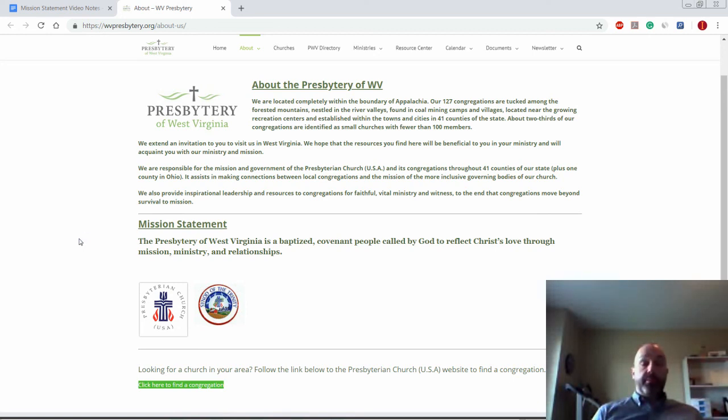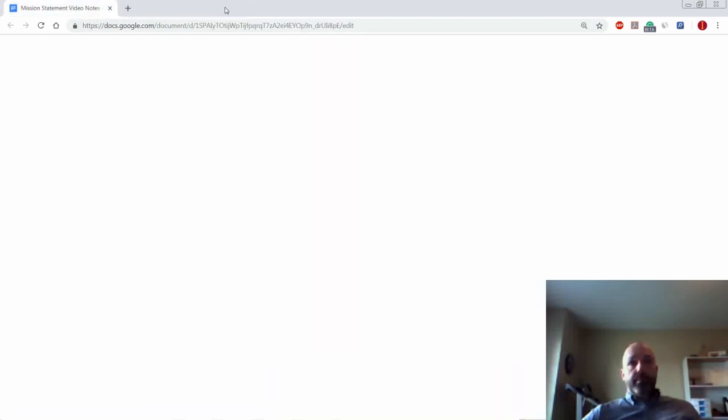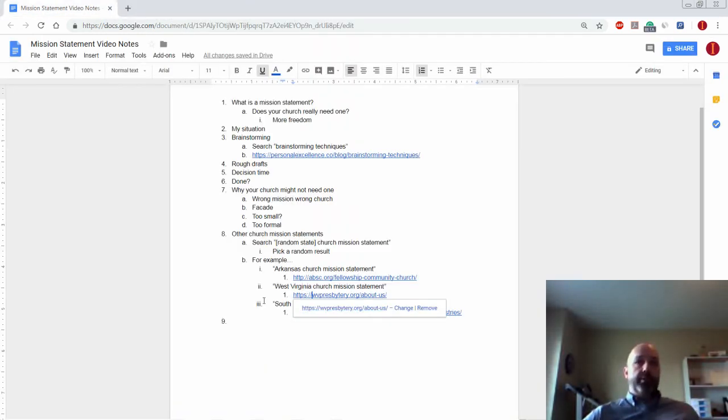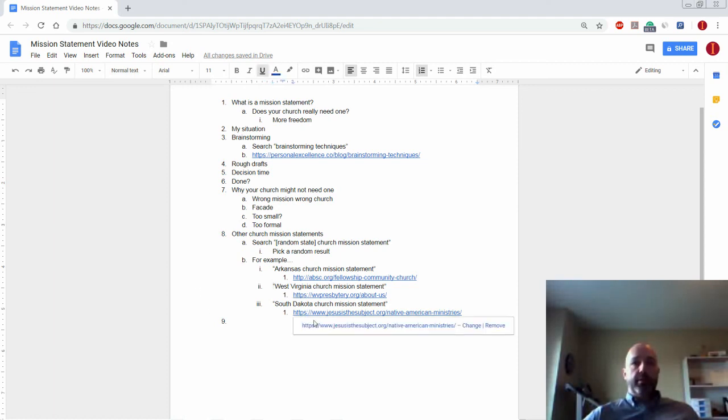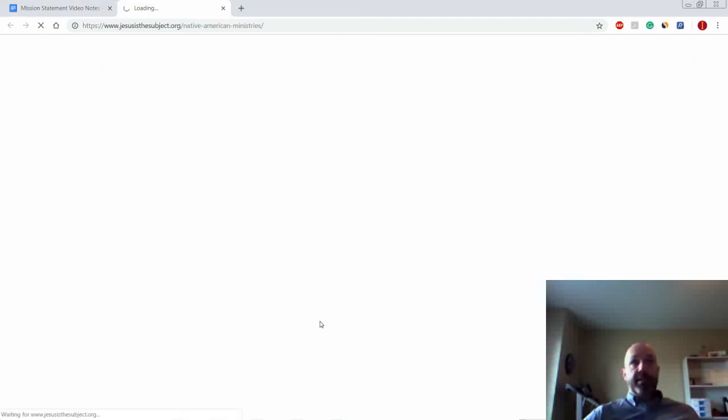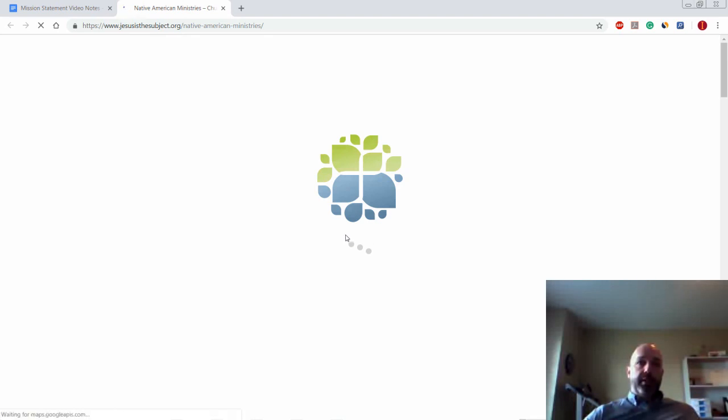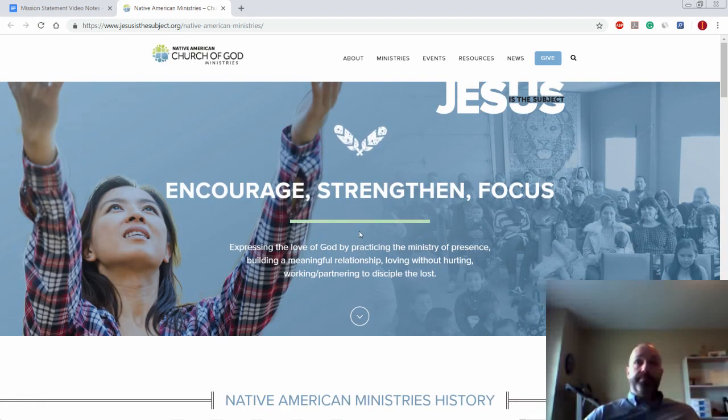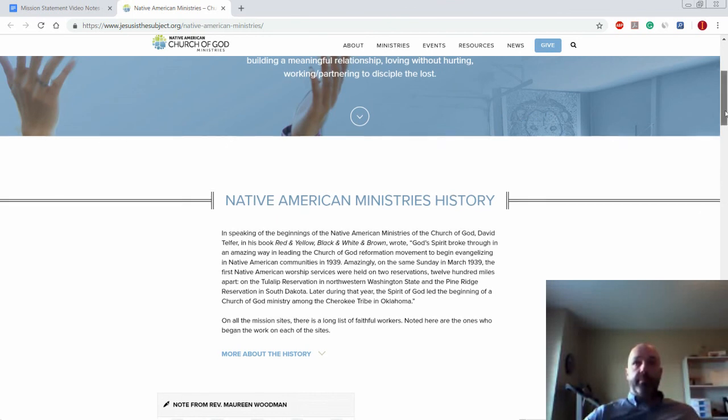It's kind of circular reasoning, so there might be something I'm missing there, but I do find that a bit curious. It's not as neat, with all due respect to the West Virginia Presbyterian folks. They didn't make that mission for me, so the fact that it doesn't quite resonate with me, that's perfectly fine.